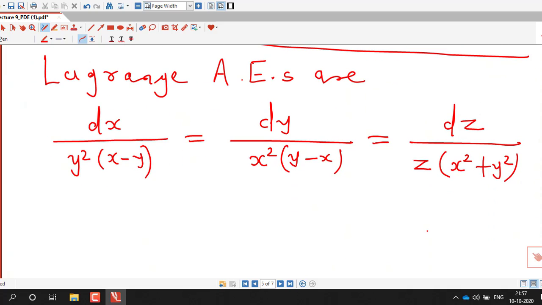Now if you observe here, we can combine fractions 1 and 2.